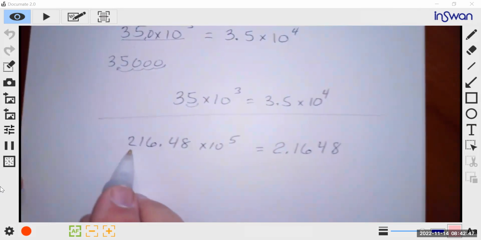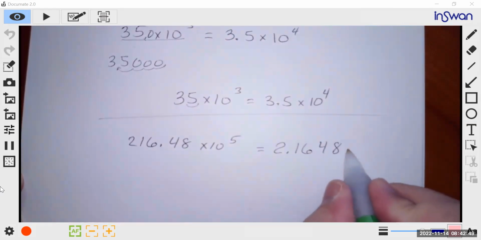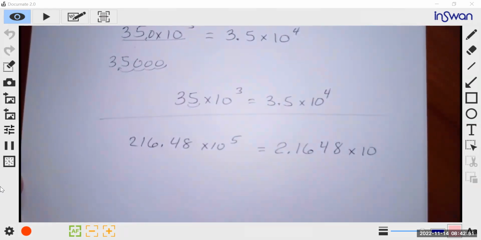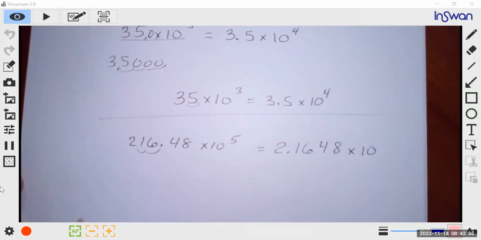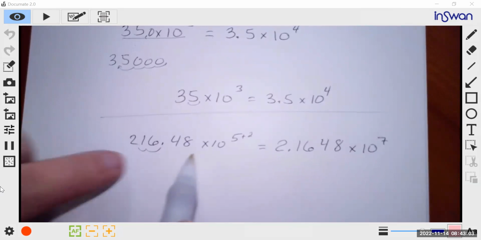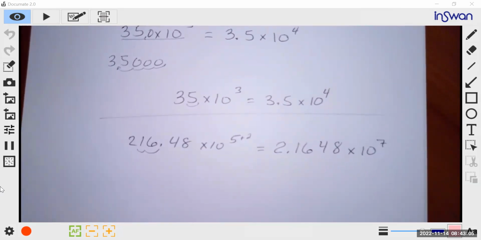Remember, it has to be only 1 digit in front of the decimal. So that's what new ones look like. When I moved 2 decimal places, I added 2 to the exponent. In other words, the decimal has to now travel 2 more spaces to make that number.